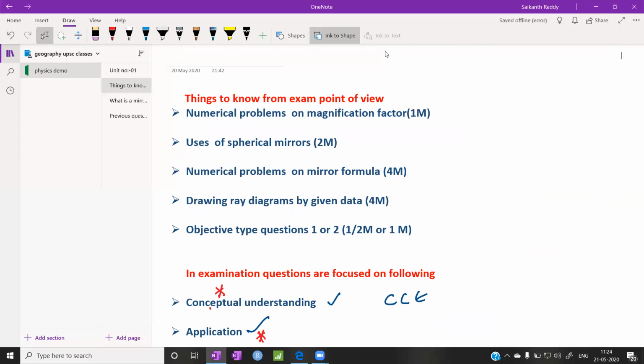To give that idea, I made this class. In the next class, we are going to see the complete explanation of the chapter, and after completing that, we are going to solve a few important example problems related to this topic.